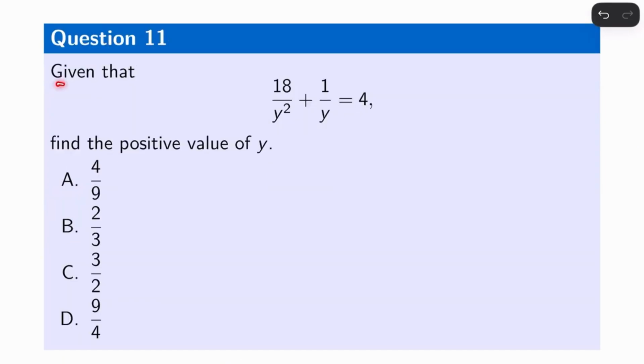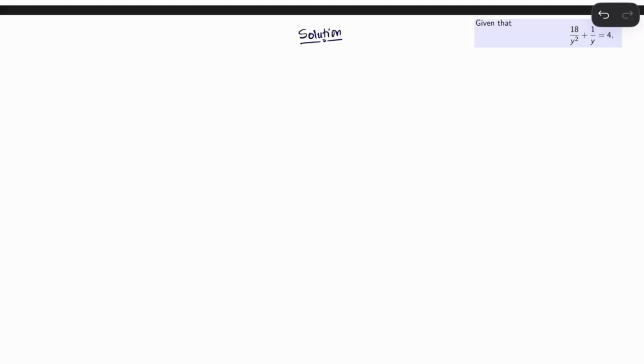Question number 11. Given that 18 on y squared plus 1 on y is equal to 4, find the positive value of y. Solution. Here we are given the equation 18 on y squared plus 1 on y is equal to 4, and we are being asked to solve for y. So the first step is to multiply both sides by y squared.